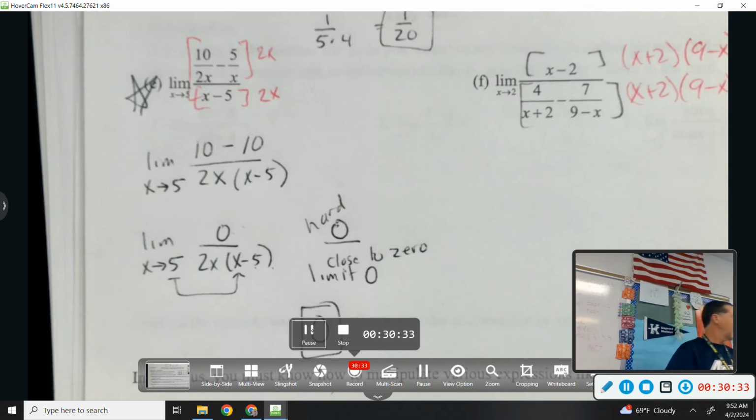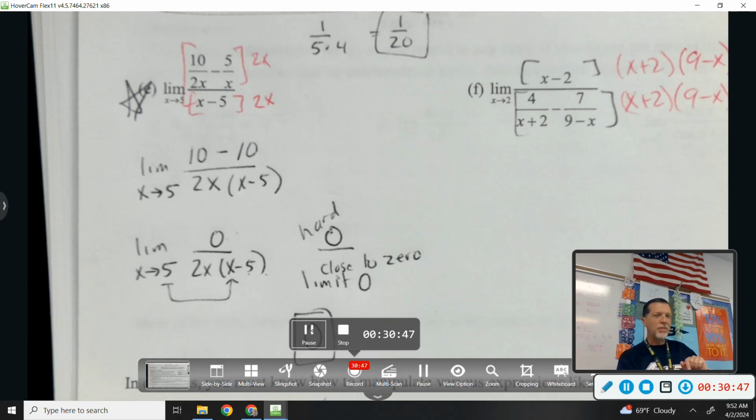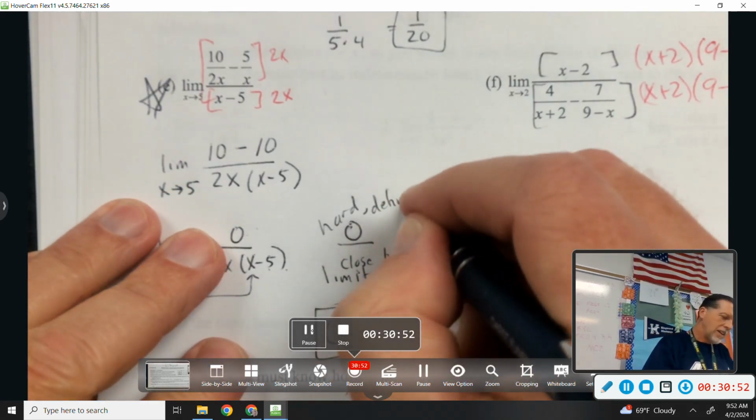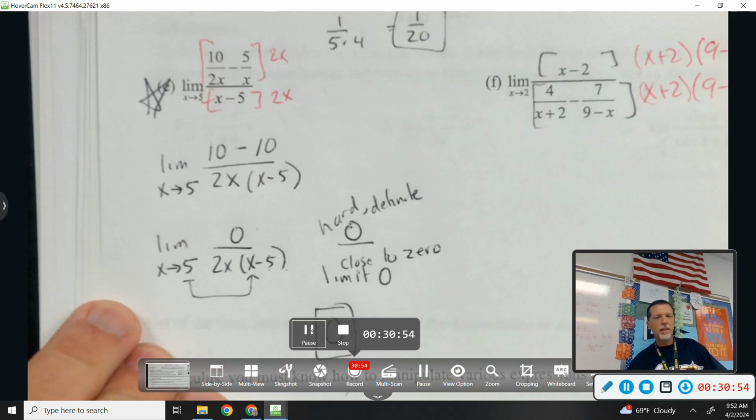So could you just think of it as like 0 over 1 over infinity? Because that's basically what this is. It's getting infinitely close to 0. Mm-hmm. So it's 1 over infinity. Right. So that's not 0. That's close to 0, but it's not 0. Oh, but the top is a definite 0. I don't know how else to describe that 0.